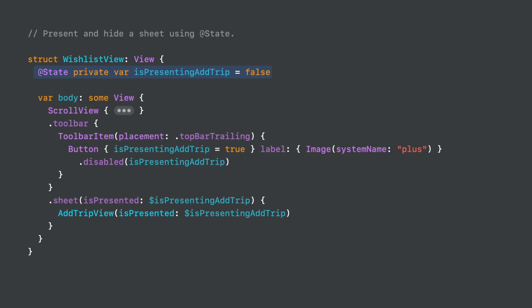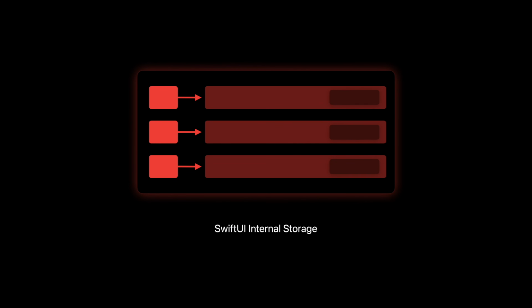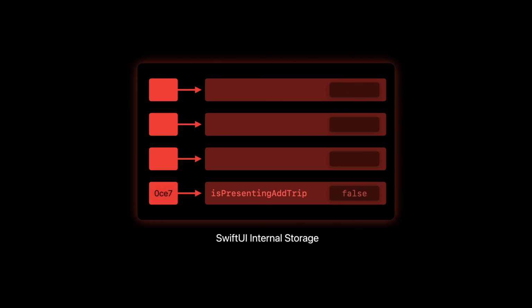Well, that's because SwiftUI gives special treatment to @State properties, like this one. Behind the scenes, SwiftUI has its own data storage for all of the state owned by views. When SwiftUI instantiates this view for the first time, it allocates space in its internal storage for this property, alongside all of the state owned by other views.